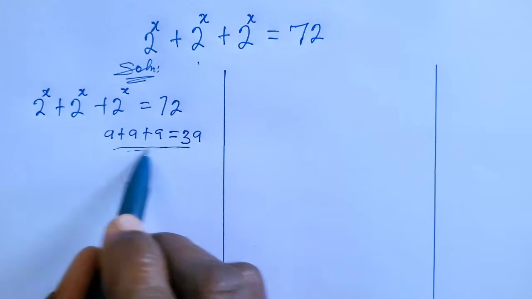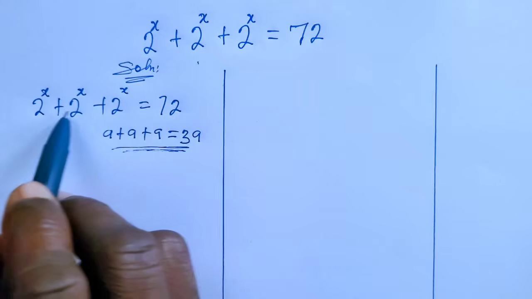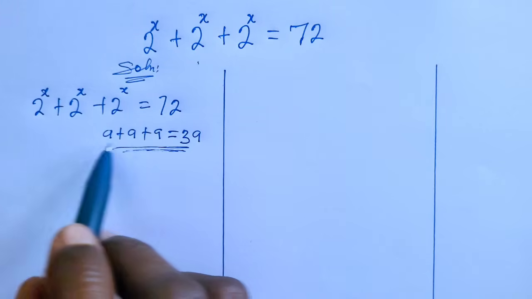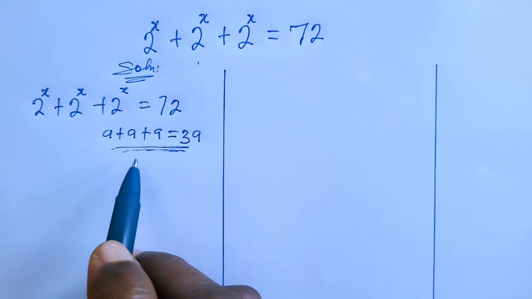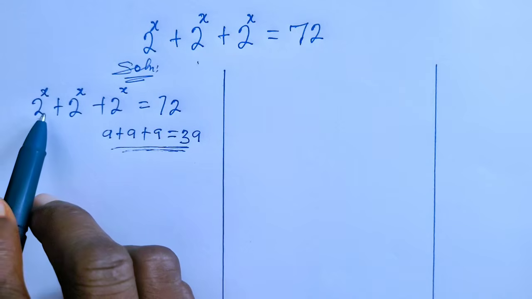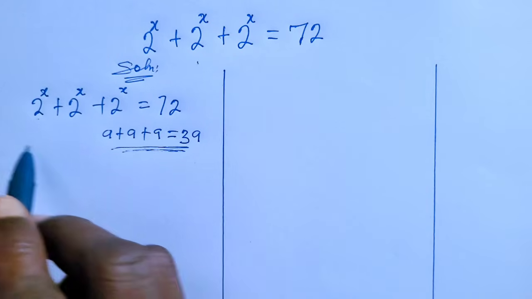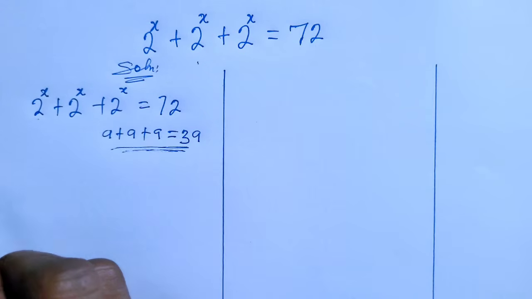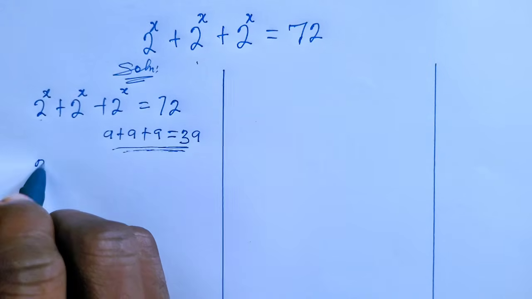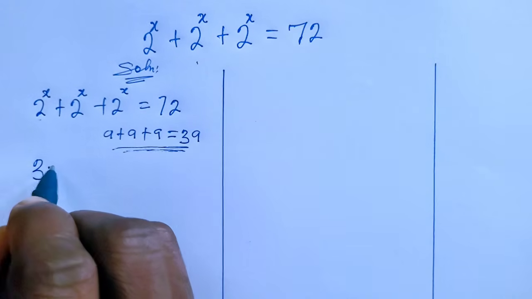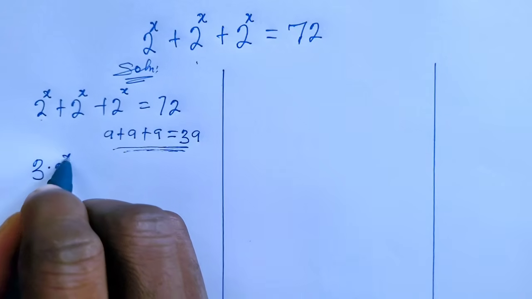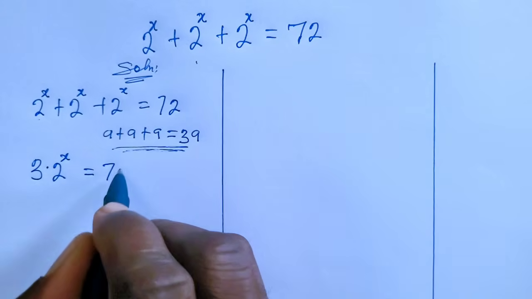We are going to consider the expression on the left hand side of the equation in this form. As such, we have 2 to the power of x in 3 places. Therefore, this can also be expressed as 3 multiplied by 2 to the power of x equals 72.